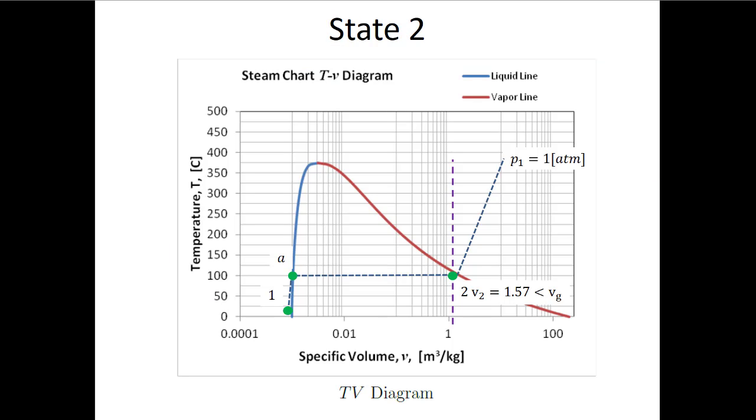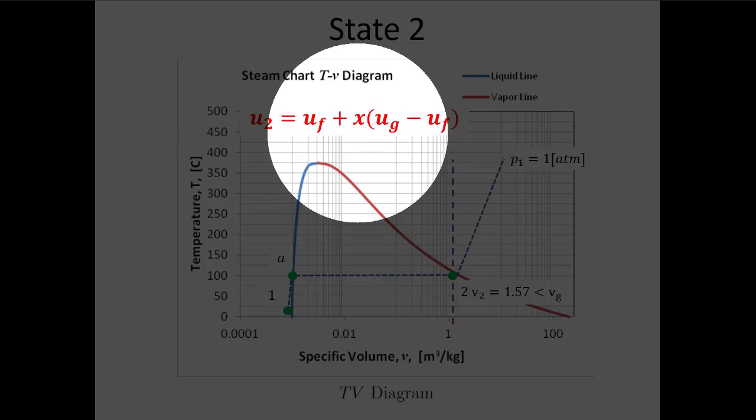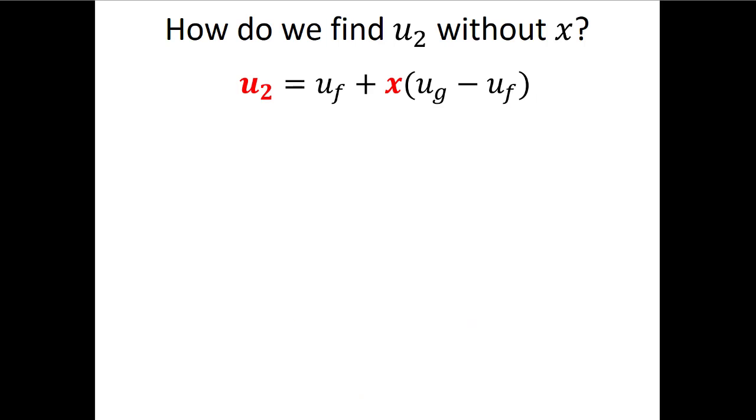I know the specific volume, right? And I know that if I knew the quality, the specific internal energy at state 2 under the vapor dome would be UF plus X times (UG minus UF). Now, that's true for specific internal energy, but it's also true for specific volume, right?